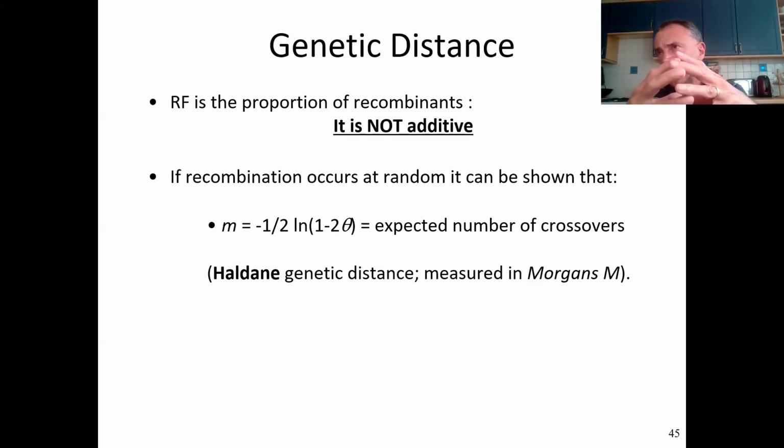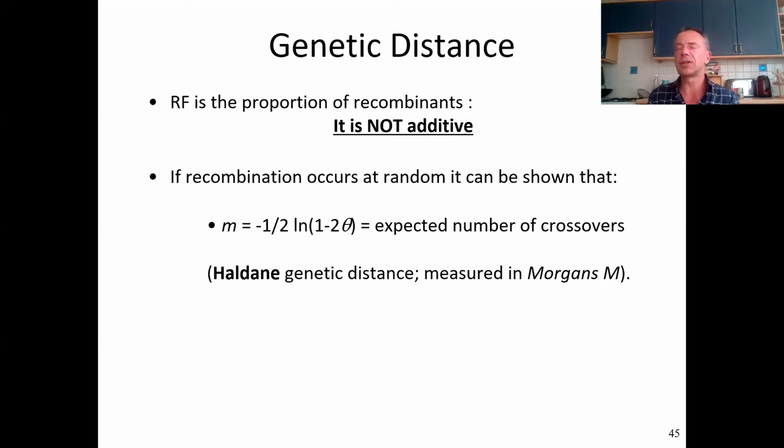There are some places on the chromosome where you get a lot of recombination, some places you don't get much. So genetic distance was a way to take all these estimated recombination fractions and put the markers along a genetic map.